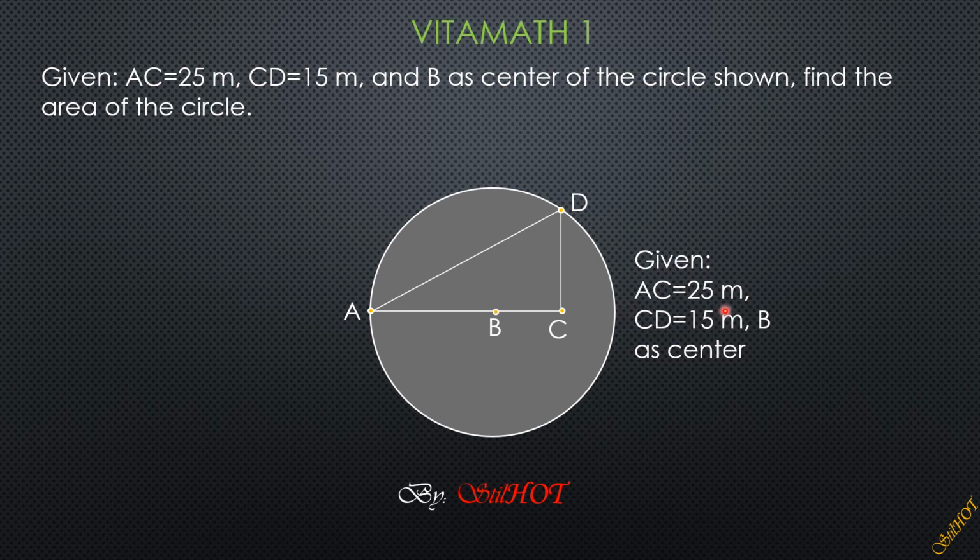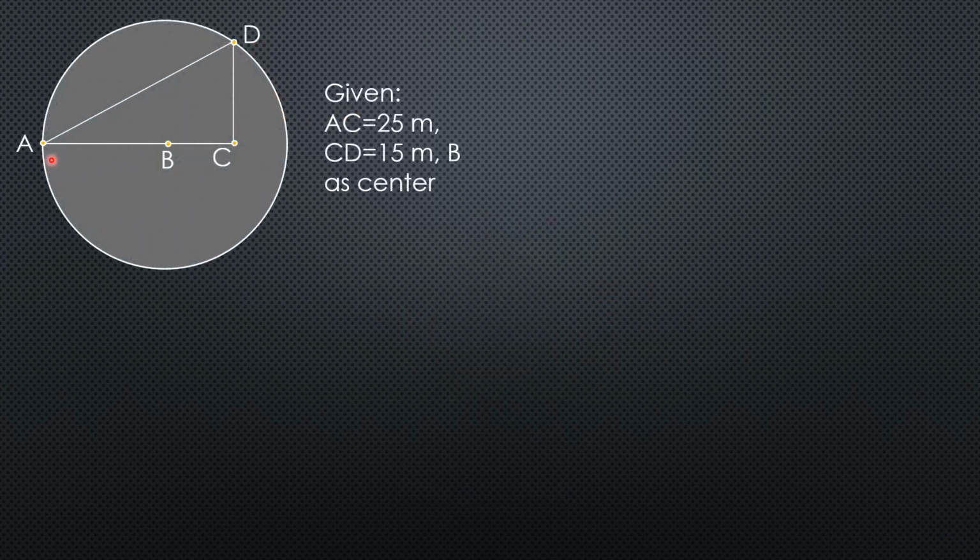So AC is 25 meters, CD is 15 meters. So given the circle and given this figure and B as the center of the circle, AC is 25 meters and CD is 15 meters long.